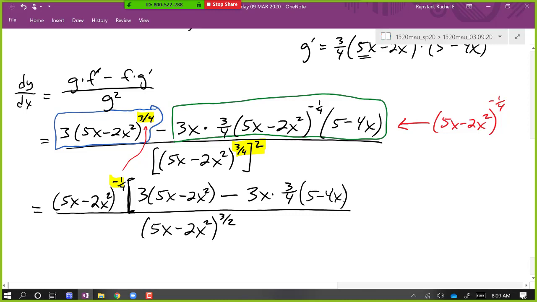Yeah, and we don't need the 5x minus 2x squared at all, right? Because that's the negative 1/4 power is what we have, and that's precisely what we took out. So we're all set there.